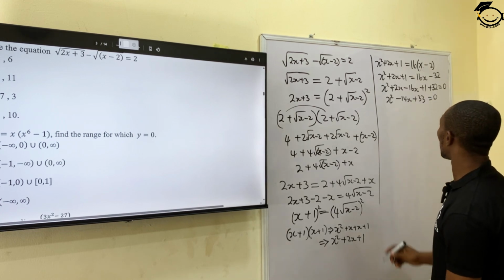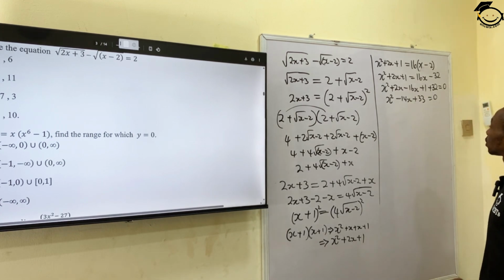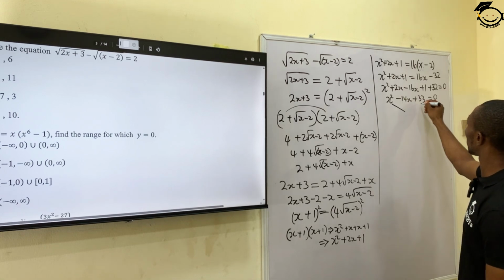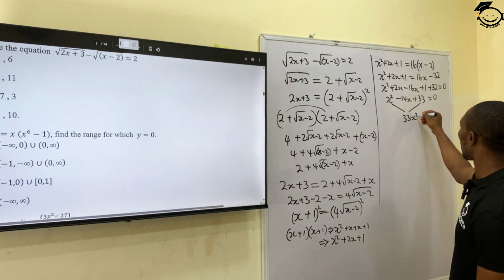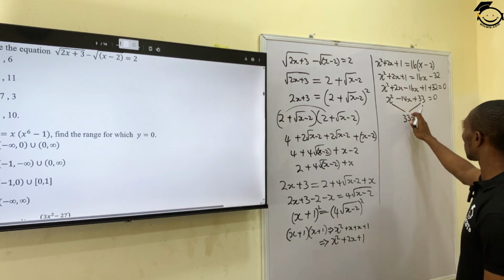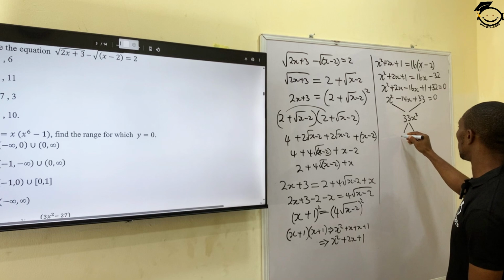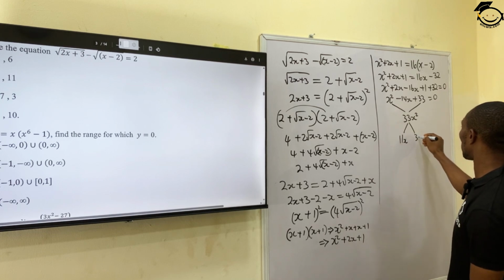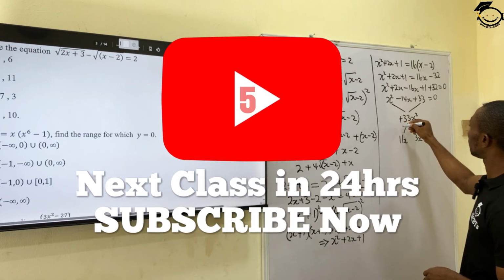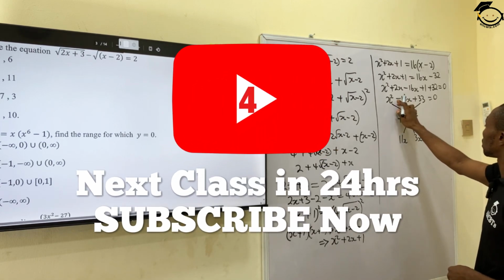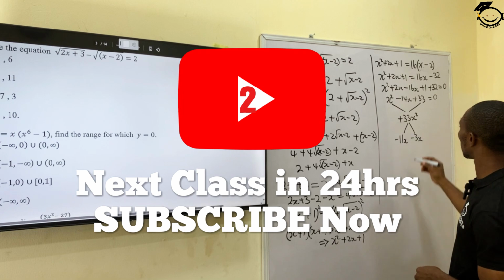Now we can factorize our quadratic equation. Factors of 33 that can give us 14 will be 11x and 3x. Now we'll consider the signs. Since this is positive and this is negative, both will become negative.